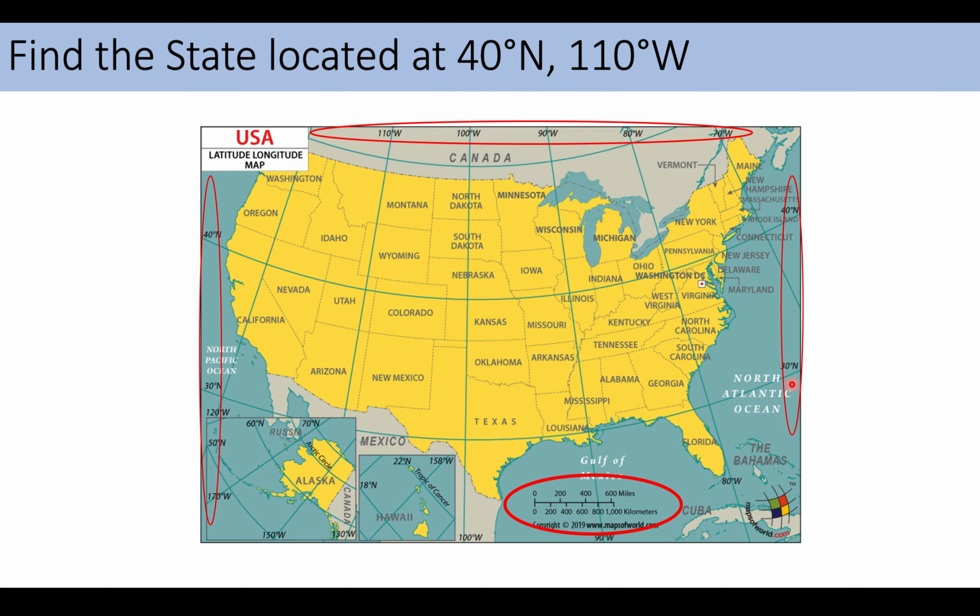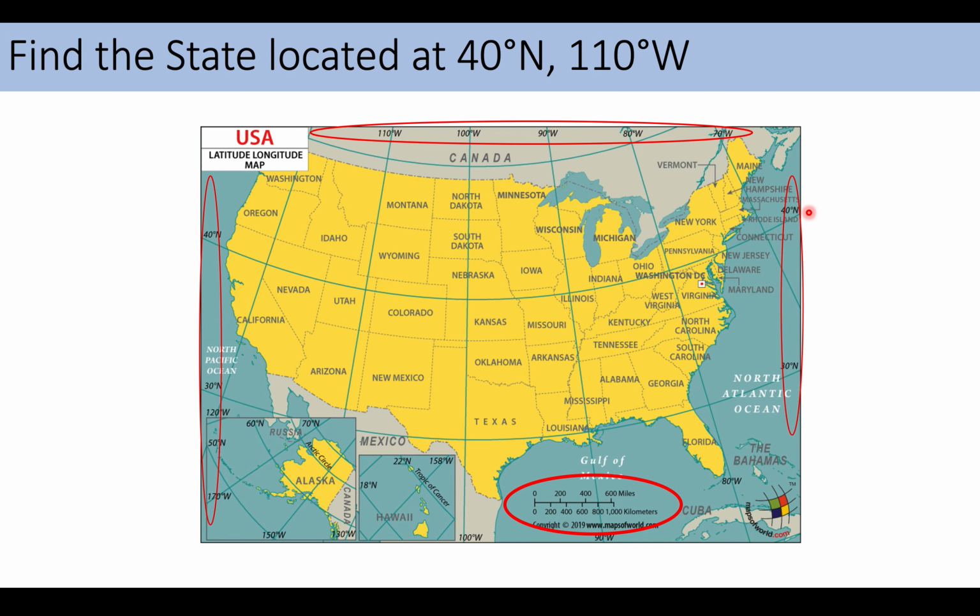So here is a map of the continental, or I guess all of the U.S. We have our scale down here. It's a scale bar. We have our coordinates along the side here. If I asked you to find the state that's located at 40 north, 110 west, you would say, okay, let's look for 40. So here's the 40 degrees north line. Okay, awesome. I know I'm going to be located somewhere on this line, but where?